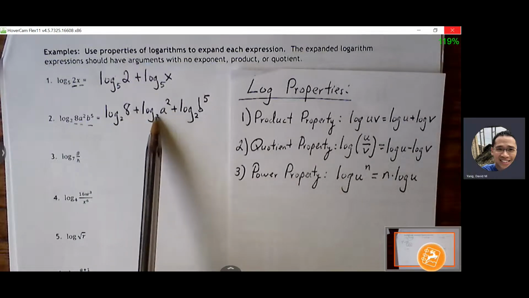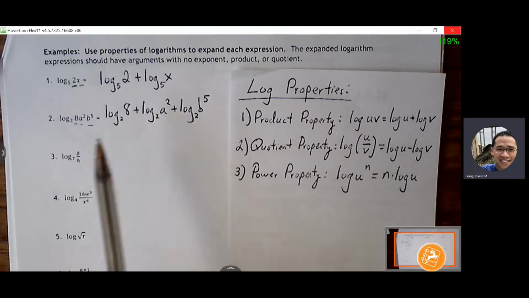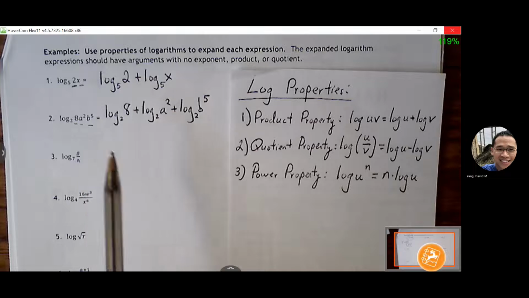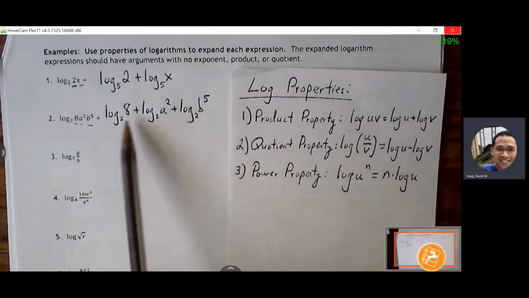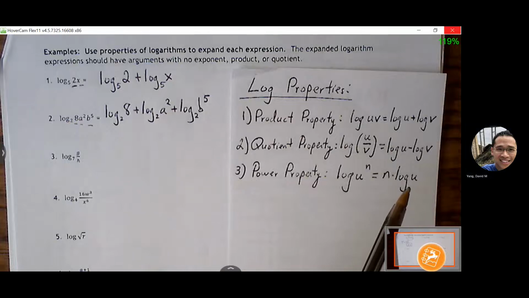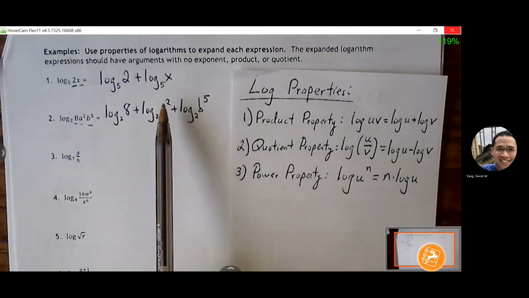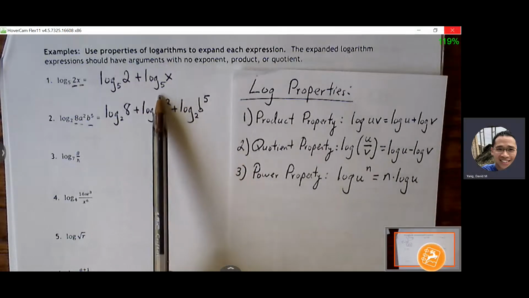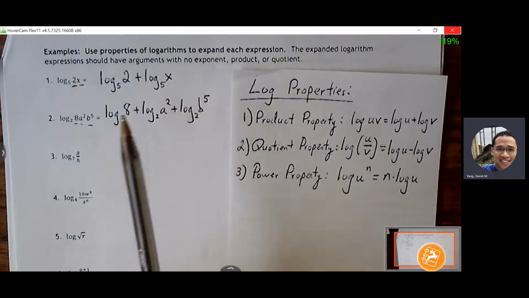So I use product property. But there's one more thing that we can do. How can we apply a power property to this halfway point? Yep. Put the 2 in front of its log term and put the 5 in front of its log term.